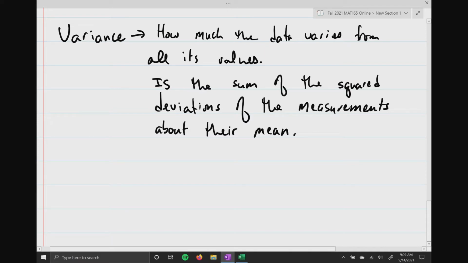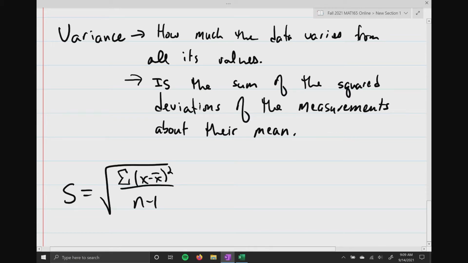Now, there is a relationship between the variance and the standard deviation. The variance is the sum of the squared deviations of the measurements about their mean. The standard deviation we defined earlier as the square root of the summation of (x minus x bar) squared, all over n minus 1.